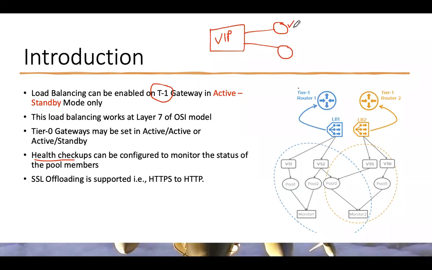If at some point the health check fails, it will remove the server from the load balancing pool, and it will only distribute the traffic to the nodes which are marked healthy. And using some application profiles, which we will discuss shortly, we have options like SSL offloading, which is usually provided by other load balancers in the industry.